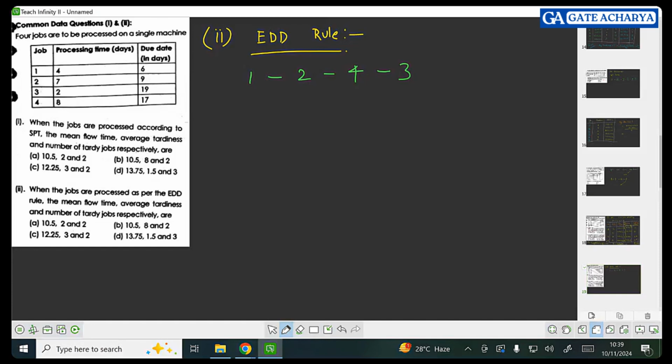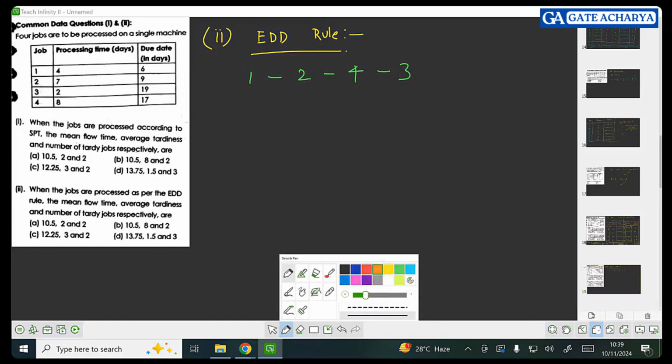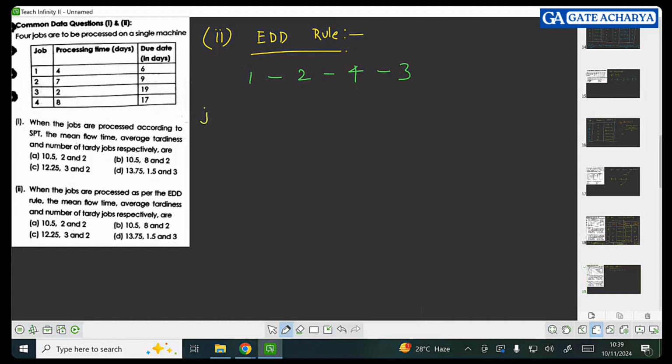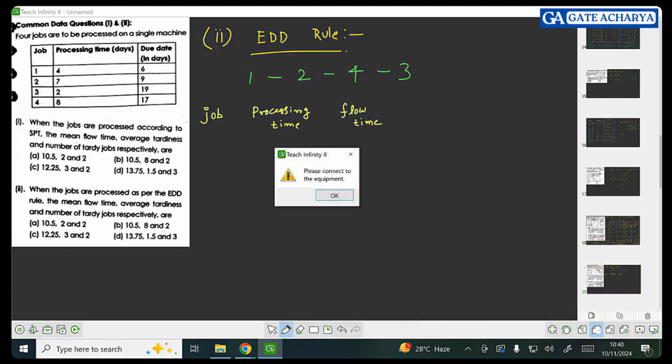Right. Now here again take this one, right? Table, that is a job sequence. Next, processing time. Right. Next, flow time. Next is due date, right? Not processing time, not required here, I guess. Okay, leave it.